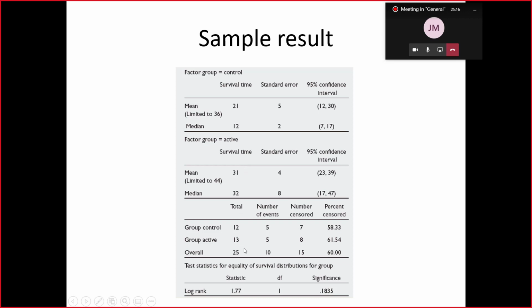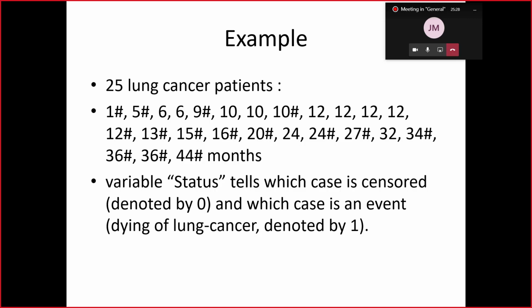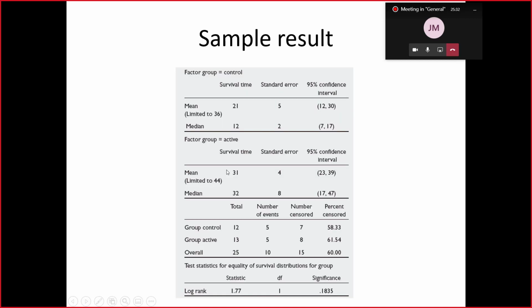I don't have the data set for control and active. I do not know which is which. Okay, so therefore I cannot emulate what he did. Okay, I only had this one. So right now I don't know which one is the cases, which one is the control. Okay, so anyhow, this is what you get.